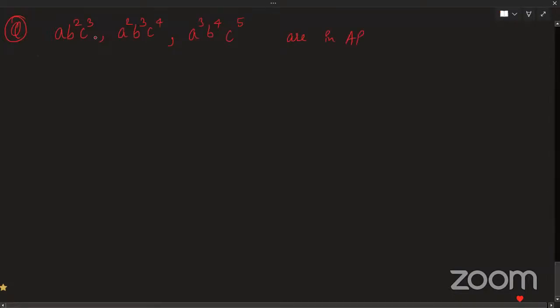And A, B, C are all positive. So it is asking me the minimum value of A plus B plus C.